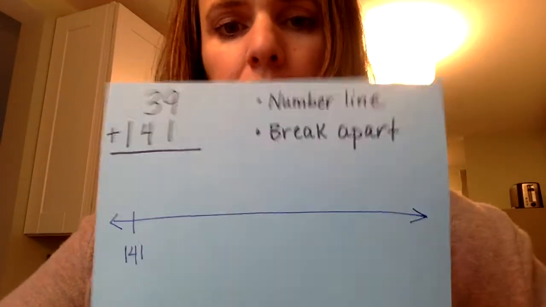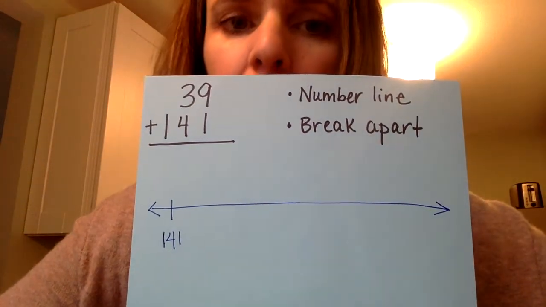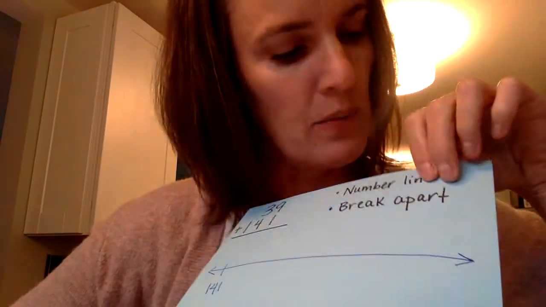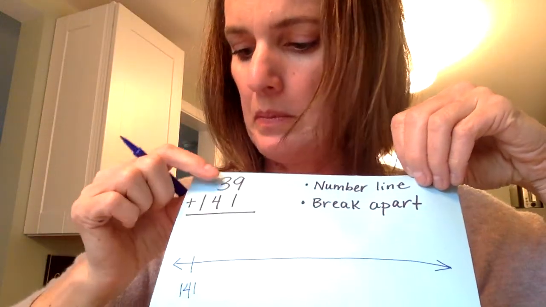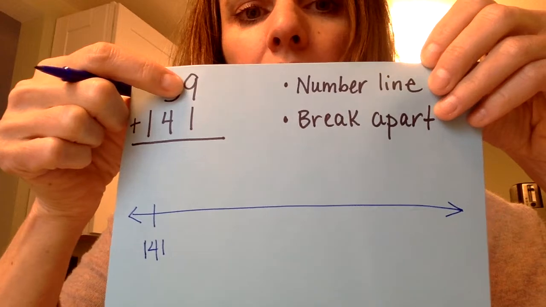So I'm going to start over here with 141. I always start with a bigger number. And, oh, it says to add. So I'm going to add 39. Now, what should I add first? I've got 9 ones. And I've got 3 tens.